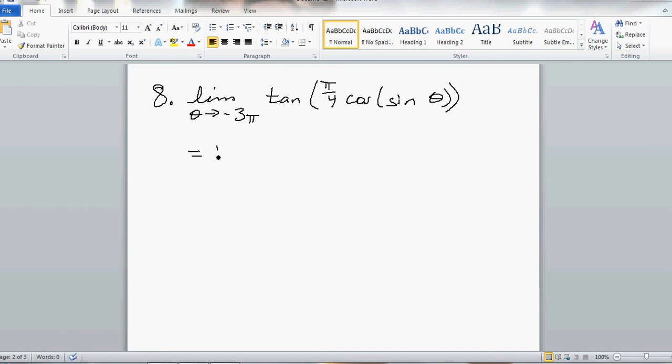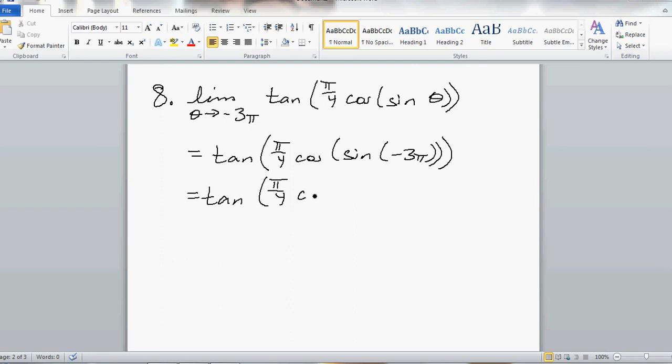So let's try direct substitution. We get the tangent of pi over 4 times the cosine of the sine of negative 3 pi. The sine of negative 3 pi is 0.